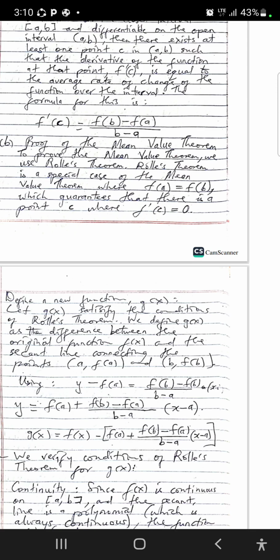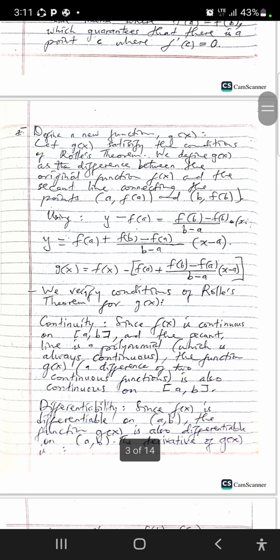It also wants, if you differentiate this function and replace x with a value of your choice which is in between a and b, it should give you the answer 0. That is what Rolle's theorem wants. It also wants you to have a function which is differentiable as well as continuous. So that is about the conditions of Rolle's theorem.